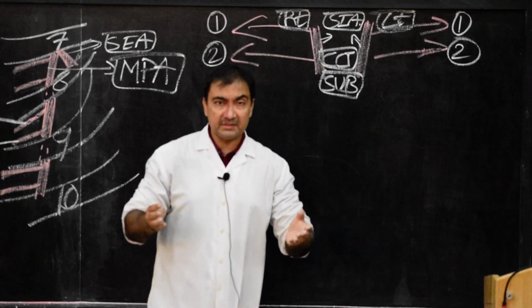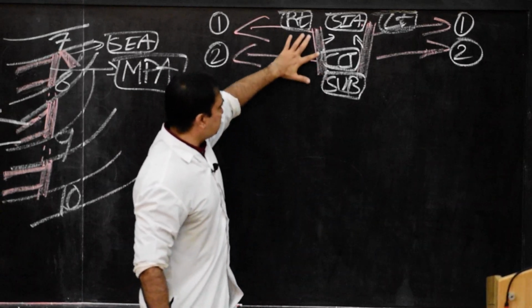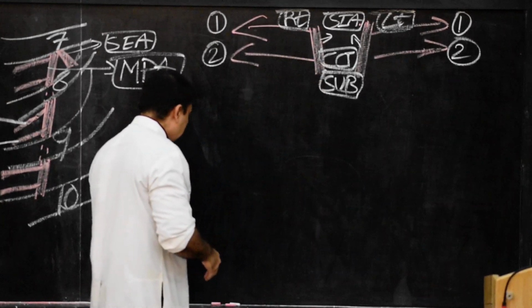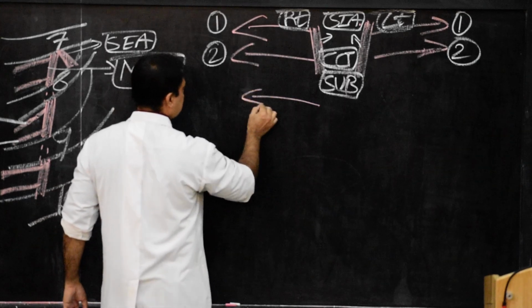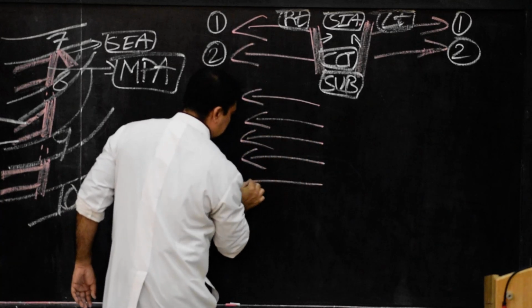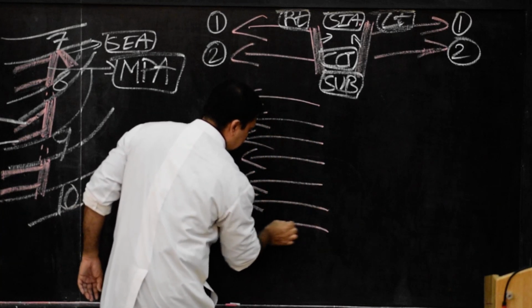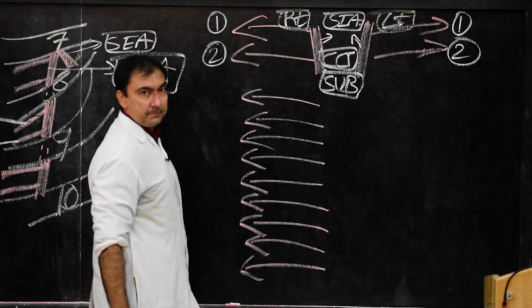How many intercostal spaces are there? Total 11 intercostal spaces. So the first two are gone, and now for the remaining arteries, here I mention 3, 4, 5, 6, 7, 8, 9, 10 and 11.